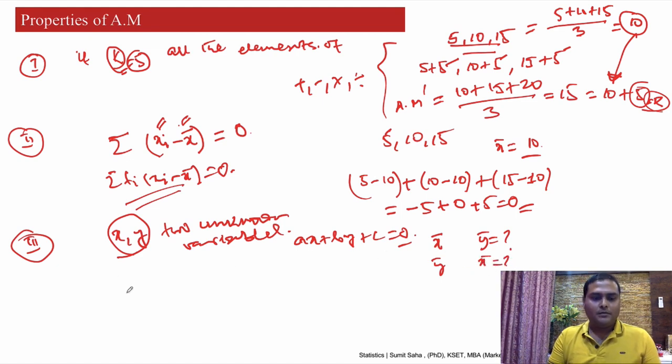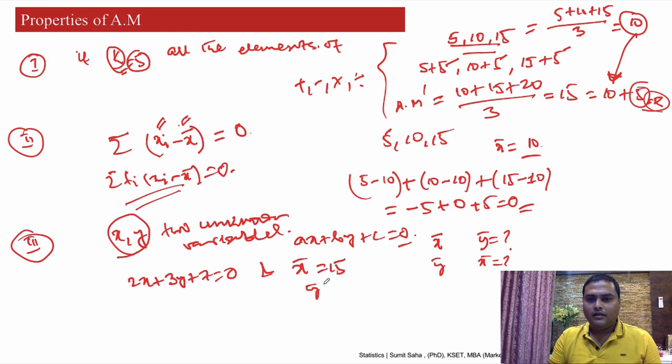Now let's take an example. x and y are two unknown variables, and it is given that 2x plus 3y plus 7 equals 0, and given that x bar is equal to 15, then what will y bar be? This is our problem, and using this property we can find out the details.